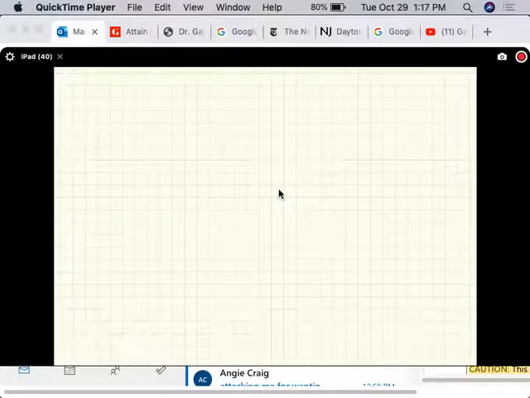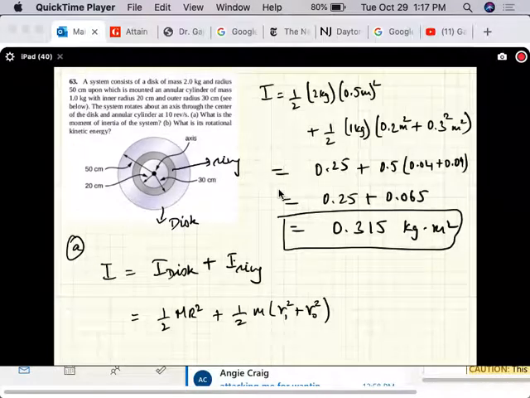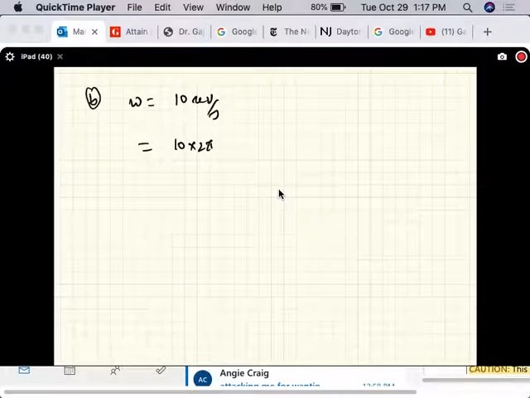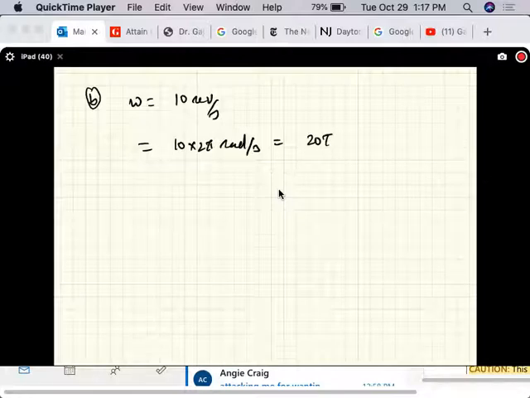Now for part B we have to calculate the rotational kinetic energy. And again, omega is 10 revolutions per second, and that is 10 times 2 pi radians per second. Okay, it's 20 pi radians per second, and pi is 3.14, so 62.8 radians per second.